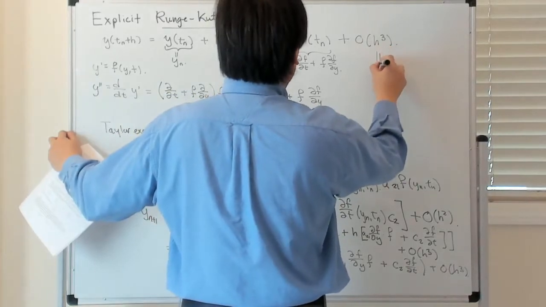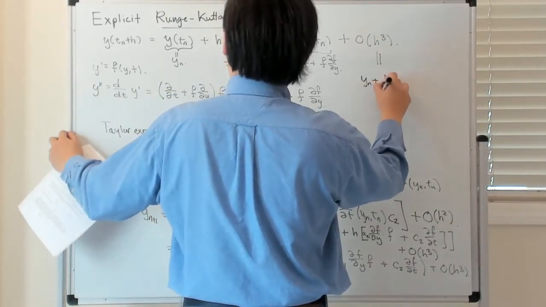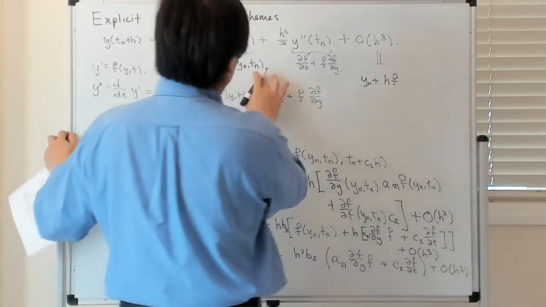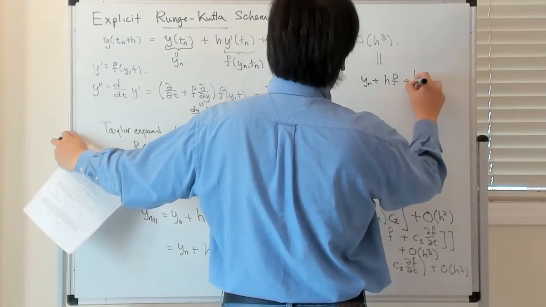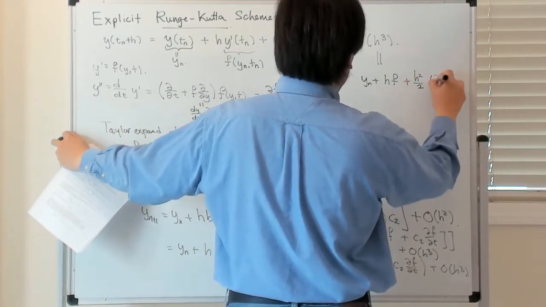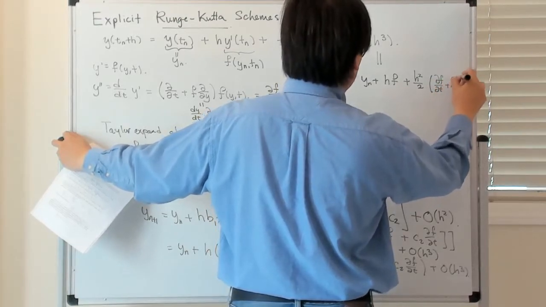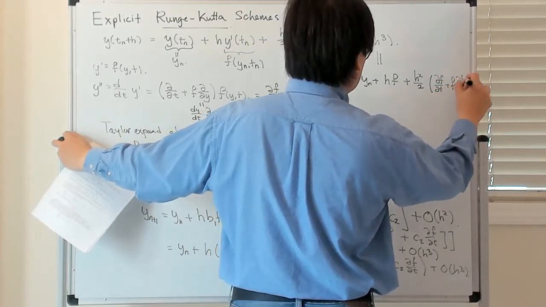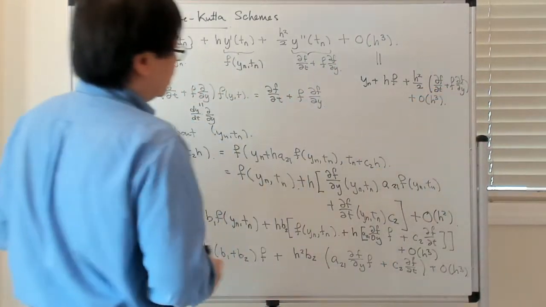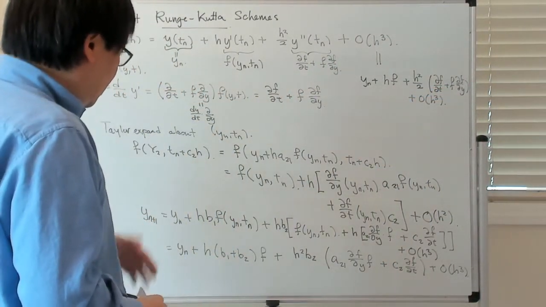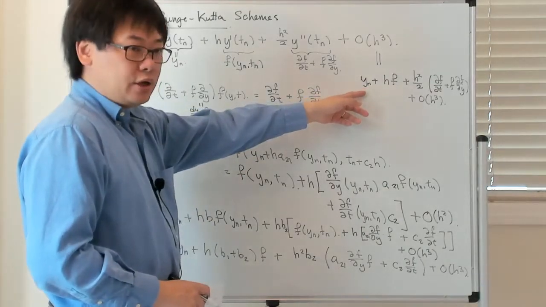This thing here is equal to y_n plus hf, and I'm going to drop again the y_n, t_n arguments, plus h squared over 2 times df/dt plus f df/dy, plus an error which is big O of h cubed.